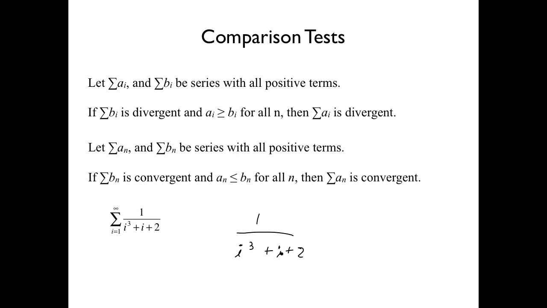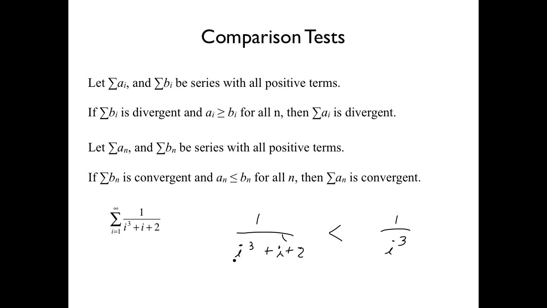And how do all these terms compare to the p-series of 1 over I cubed? For every I, this is always smaller than that. And we know if you sum all these up, it converges because this is a p-series, p greater than 1.